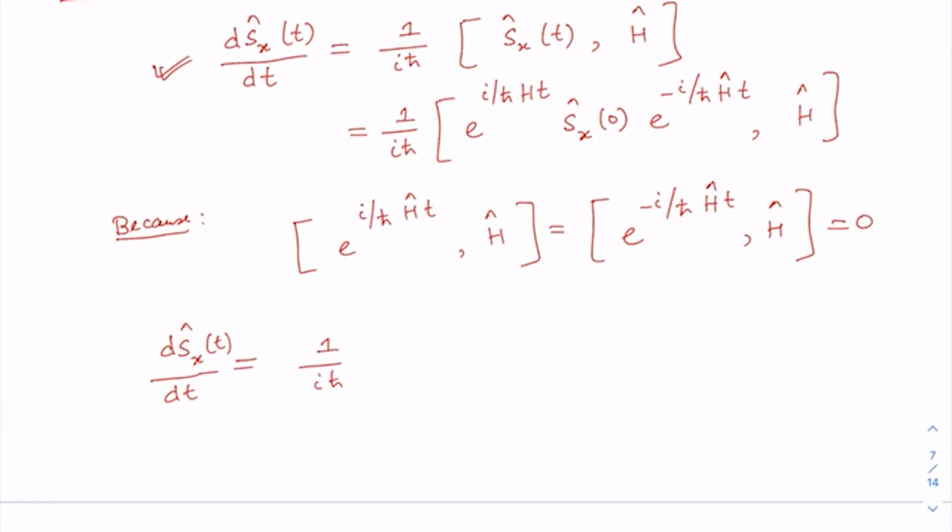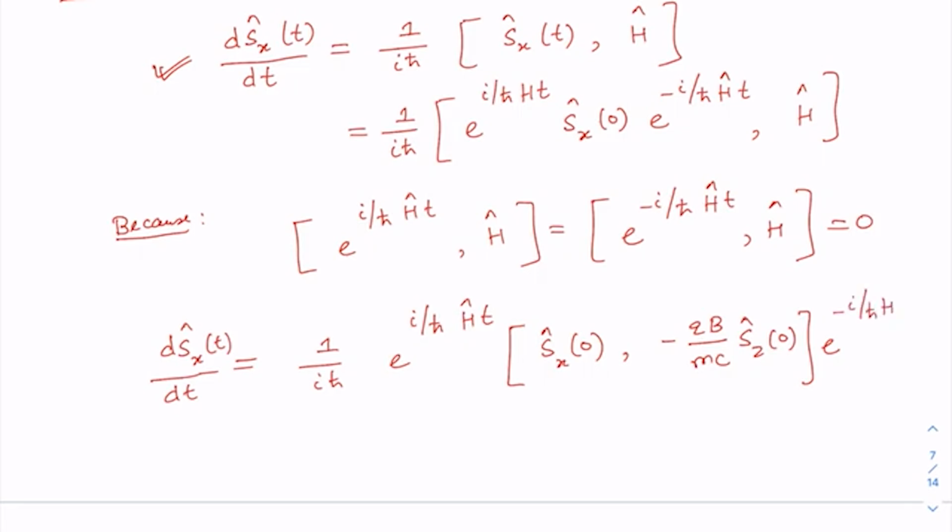I can write it as e to the power iHt/ħ, Sx(0). This is the Schrödinger representation operator, the x component of the spin operator, and here I have the Hamiltonian as minus qB by mc, it is Sz(0), e to the power minus iHt/ħ.